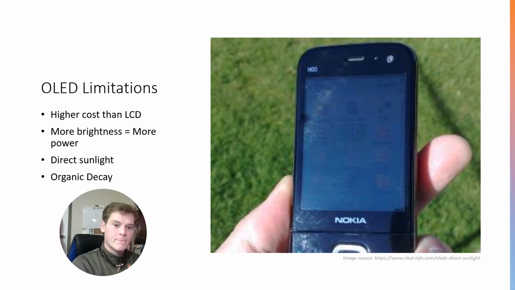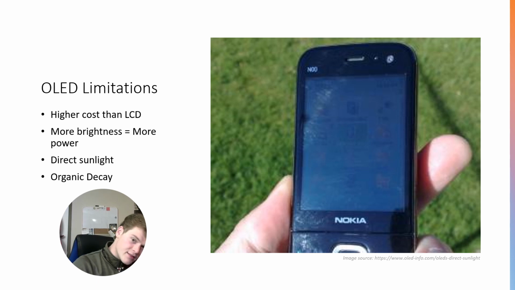Also, since the individual pixels create the light with the emissive layer, whenever you want a brighter display, you have to put more power into it. Whereas in a liquid crystal display, you just have a backlight, so you have a constant light and you just change the way the shutters work.